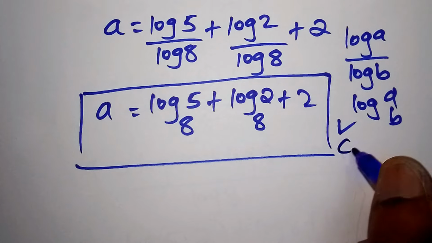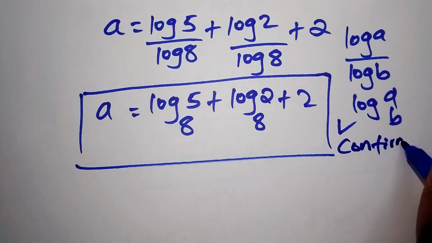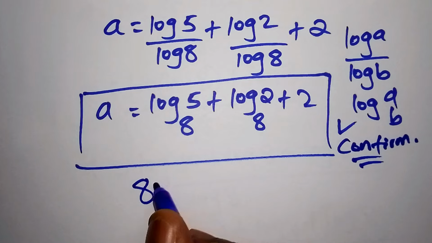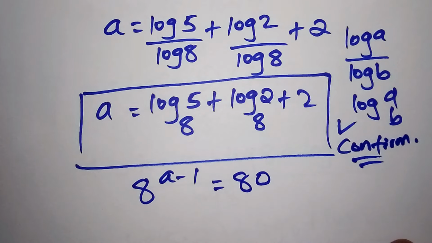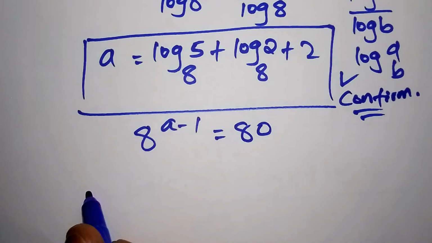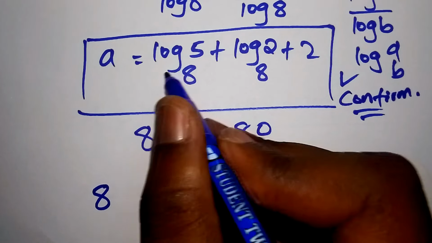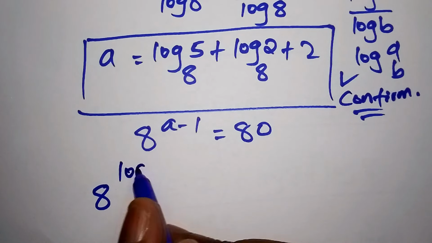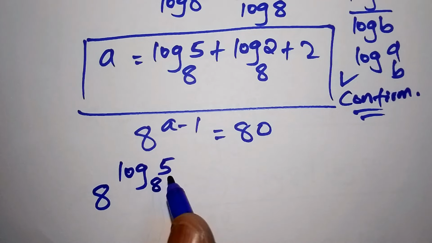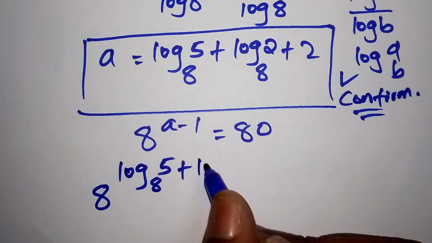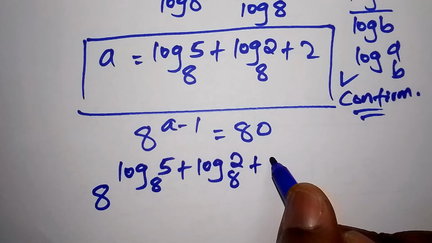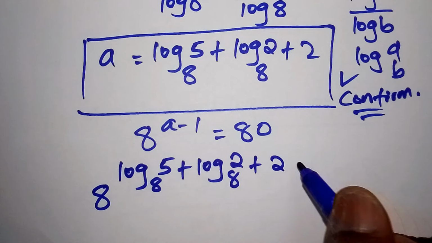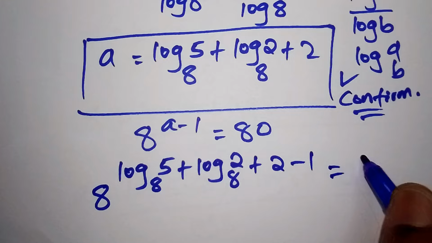So let's now confirm if this answer is really true. Our maths problem was 8 to the power of a minus 1 is equal to 80. So we shall write the whole of this: 8 to the power of the log of 5 to the base of 8 plus the log of 2 to the base of 8 plus 2, then minus 1 is equal to 80.